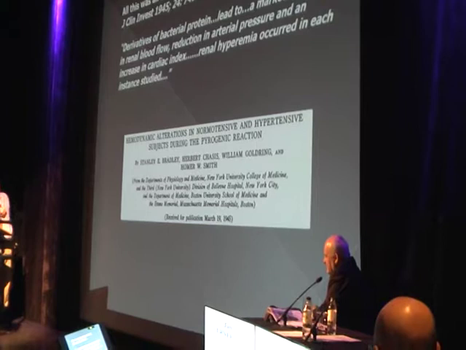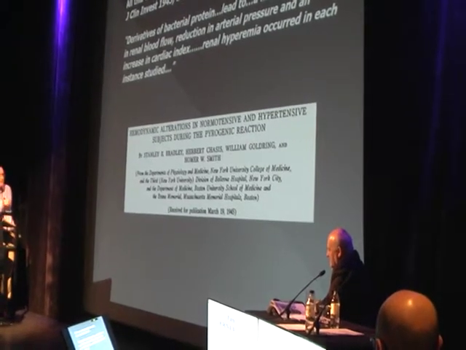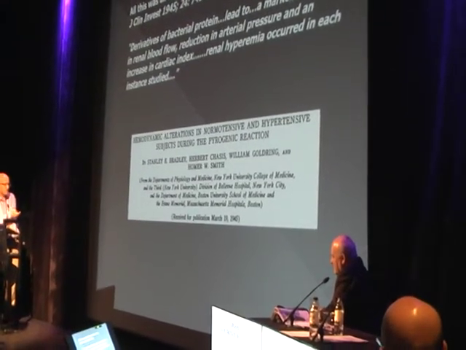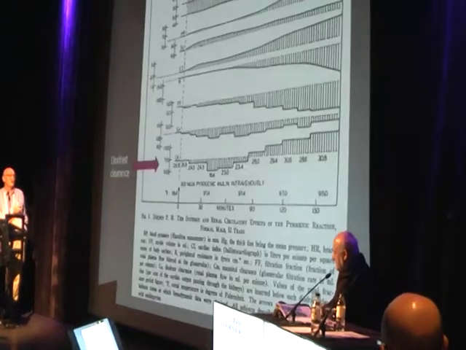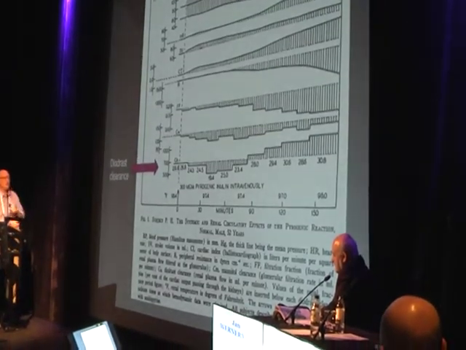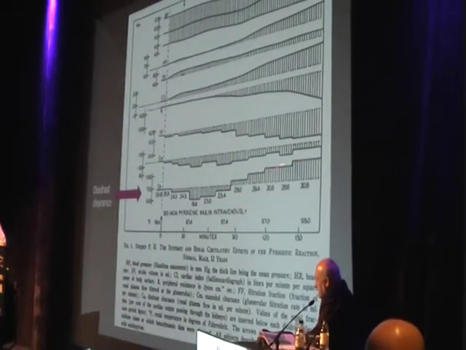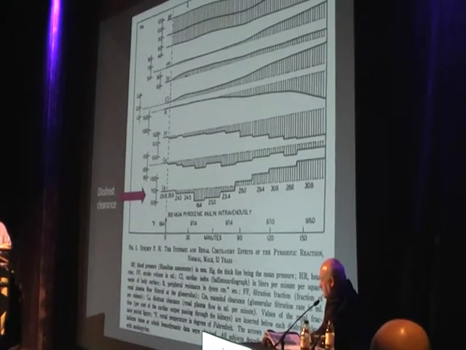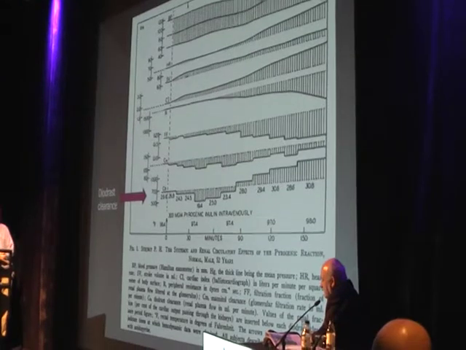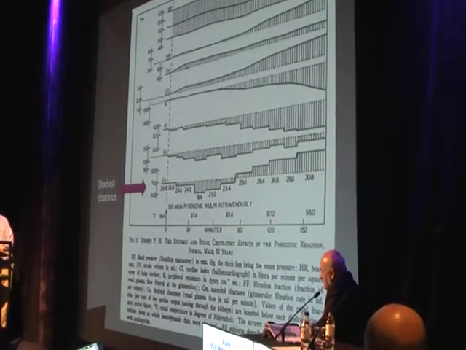And if you go back to the literature to the 1940s, to the work of Homer Smith, the doyen of nephrology in the United States, and you look at diodrast clearance, you can see that there is a significant increase in renal blood flow with the infusion of pyrogen in human beings.